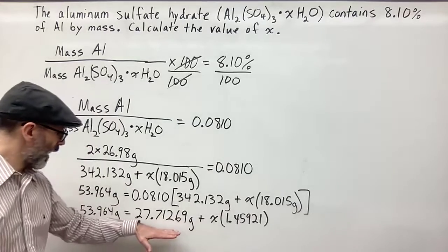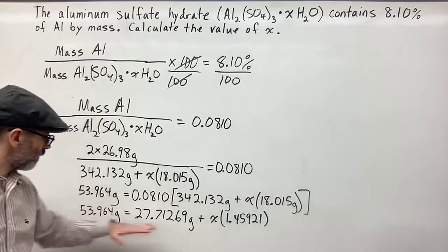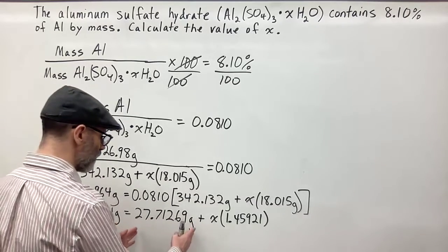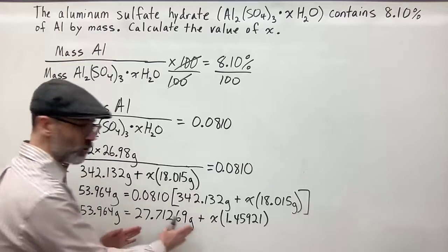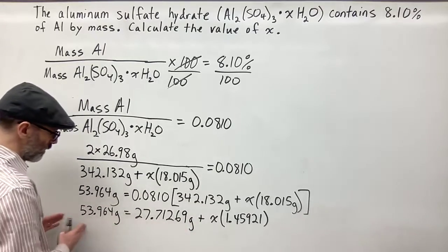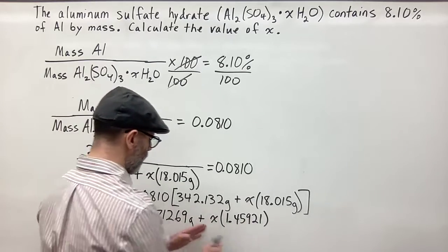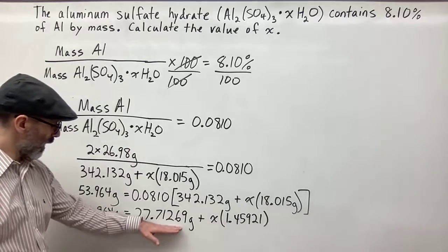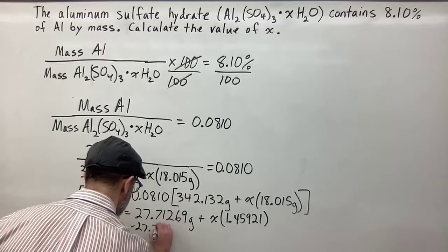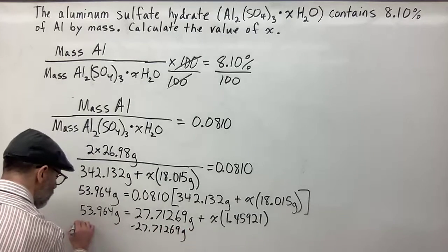Next, I'm going to subtract this from both sides to get the terms on the same side. This has no X, so the no-X term gets subtracted over here, and the X part stays on here. So I'm going to subtract 27.71269 grams from both sides.